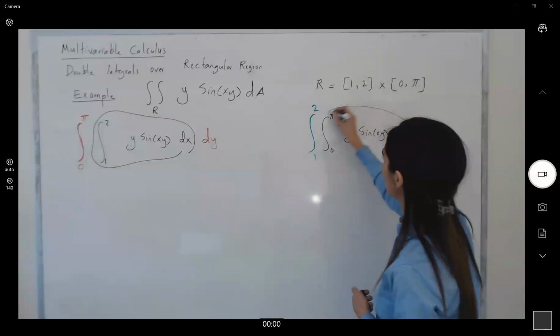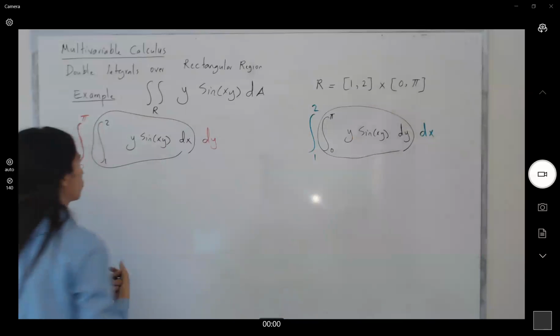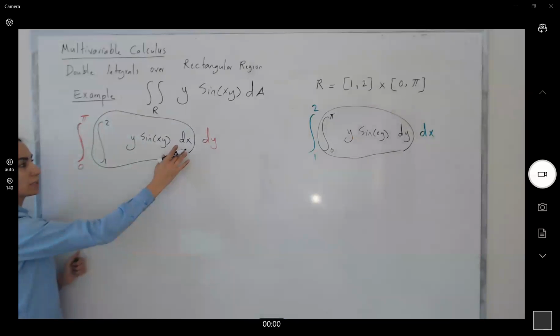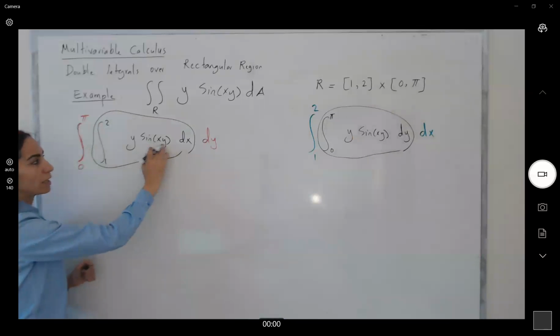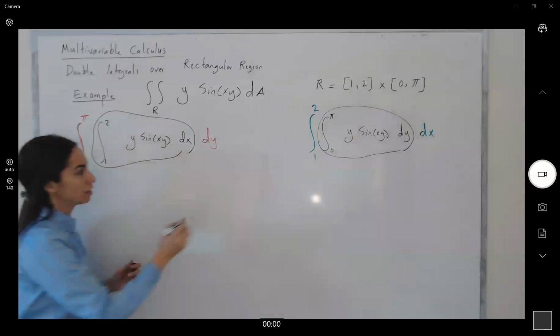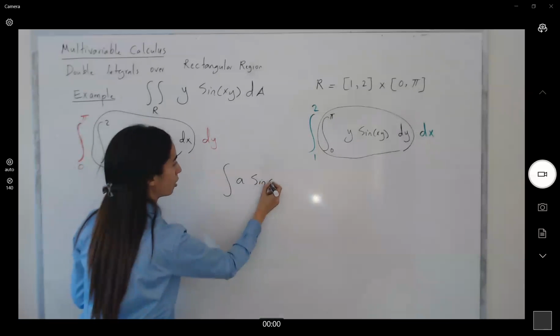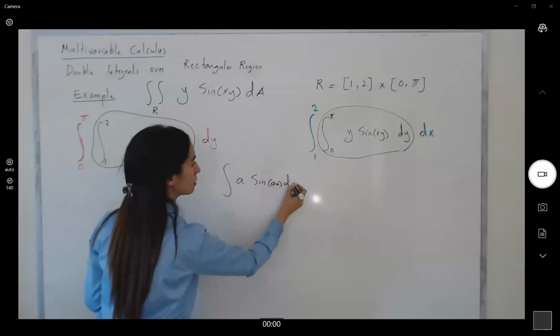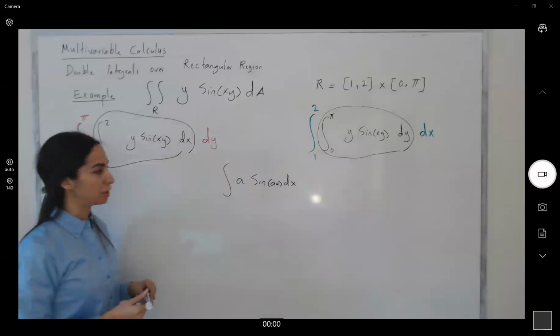For this case, we're going to evaluate the integral with respect to x first. Which one is easier for us? If you take the integral with respect to x, it means that your y is a constant. It's like evaluating this integral, a sine of ax dx. So remember that you can use u-sub in this case.